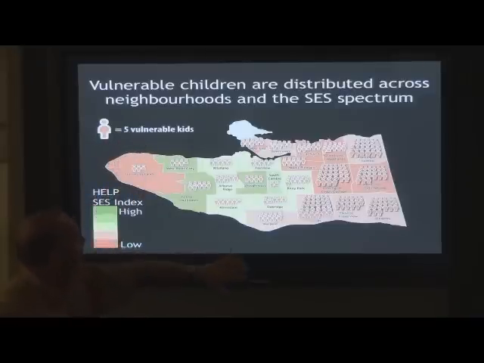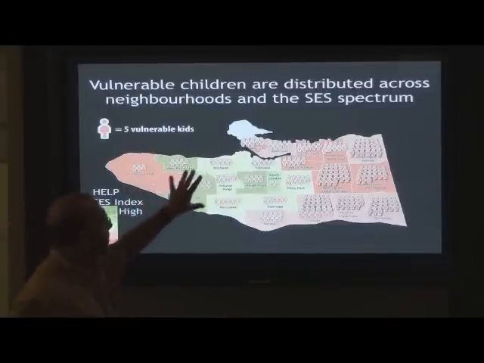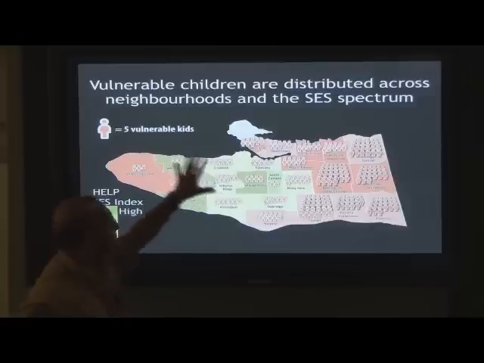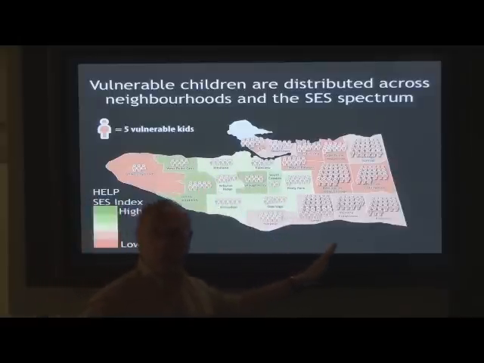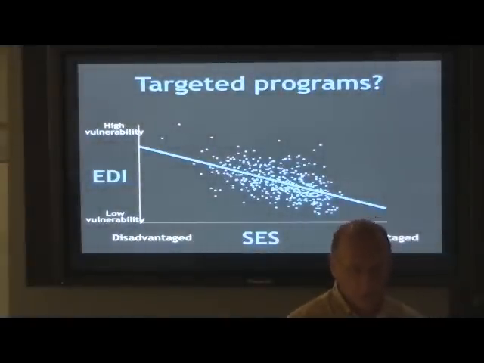So you can see what the absolute distribution of vulnerable kids is like around town. You notice part of the reason that there are fewer numbers out here is because the numbers of kids 0 to 5 on the west side is much smaller than it is on the east side because of housing affordability, basically.